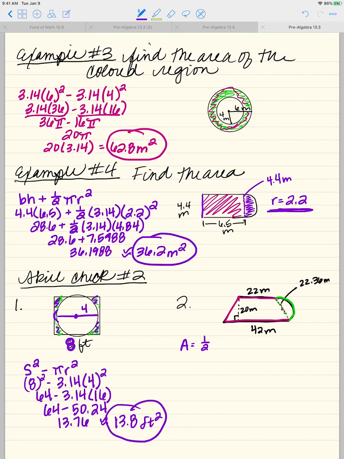So area of a trapezoid, 1/2 b1 plus b2 times the height, plus we have a half circle, 1/2 pi r squared. Plug in everything we have. 1/2 times 22 plus 42 times the height, 20, plus 1/2. Why do I keep writing 1/3?